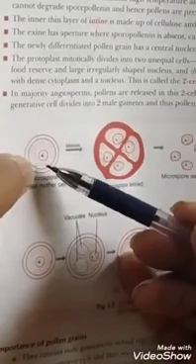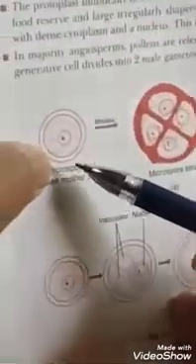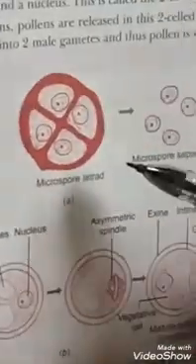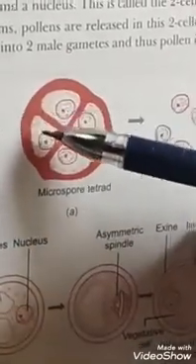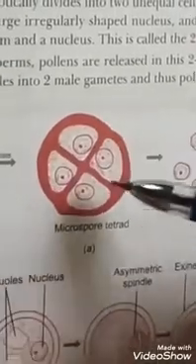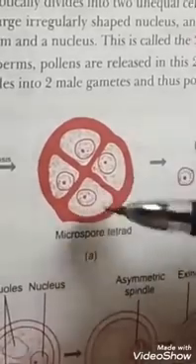Means it is a microspore mother cell. It undergoes meiosis, and after the meiosis, 4 haploid cells are formed. These 4 haploid cells are arranged in a group of 4 cells, hence it is known as microspore tetrad.